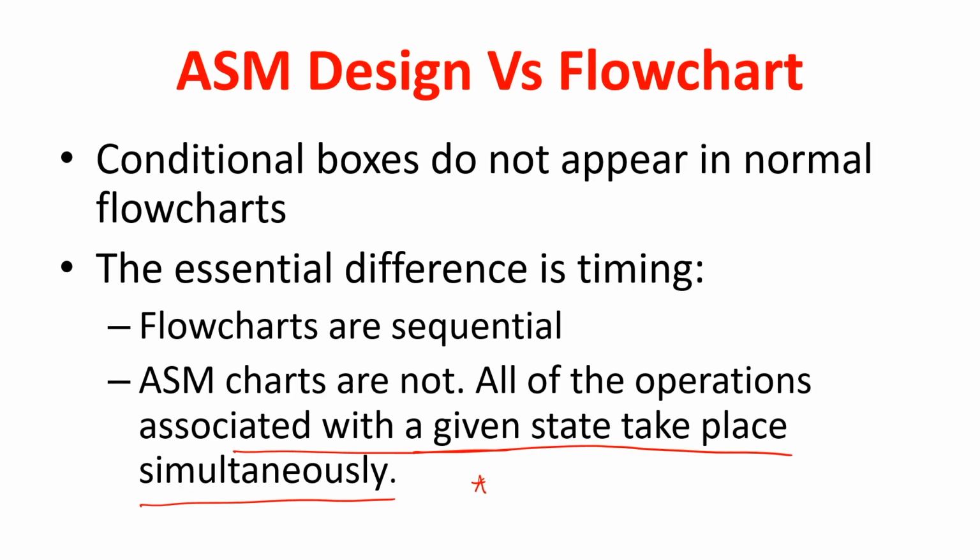That we will see later. What an ASM block is we will define later, but till now, all the operations associated with a given state take place simultaneously. This is one statement. The second statement is that for a whole ASM block it happens simultaneously.